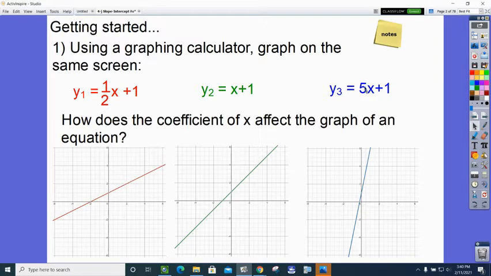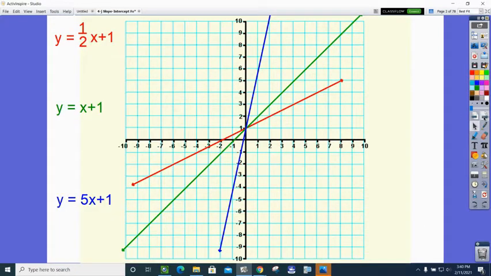A few weeks ago, in order to graph these, we had to make a table, put numbers in, get outputs, and plot the points. And notice with technology, all I had to do was type in that equation and I can see the line. Now let me show you what all three look like again. So there they are, all on the same graph.